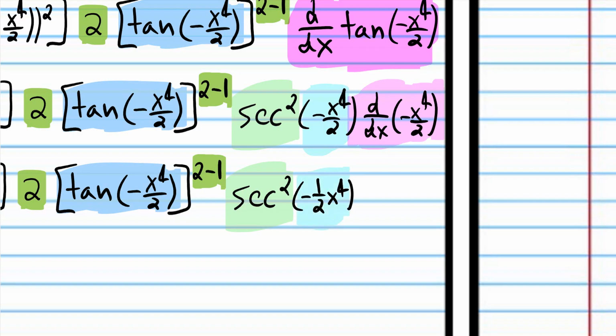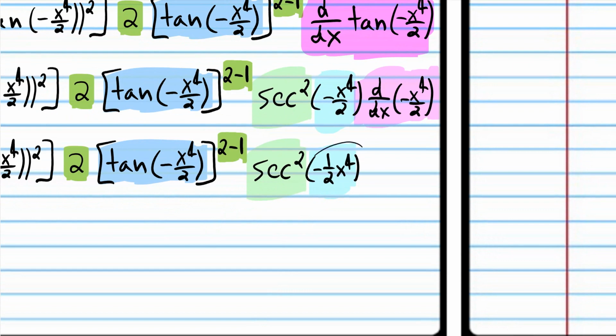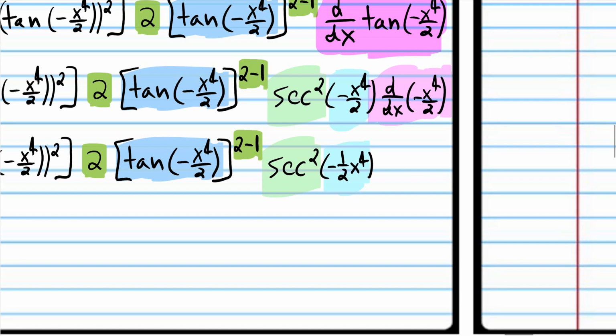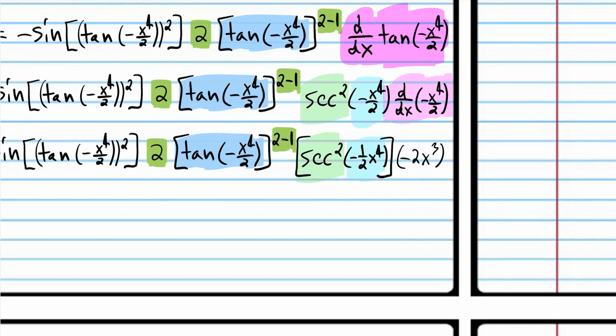You don't have to do that, but it helps us to see how to find the derivative. So we can just use a constant multiple rule. You don't want to use the quotient rule for that. So the derivative of negative 1/2 x to the fourth is negative 2x cubed. Now I'm going to use brackets to avoid confusion there.